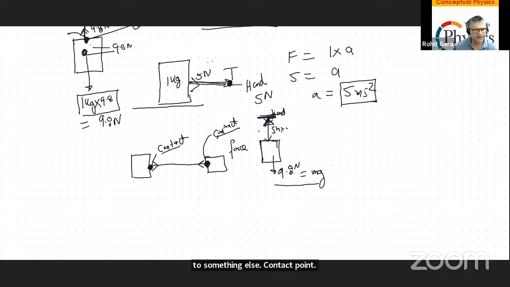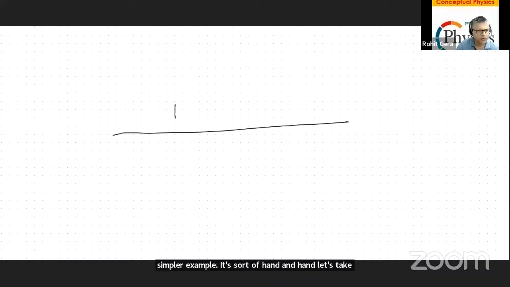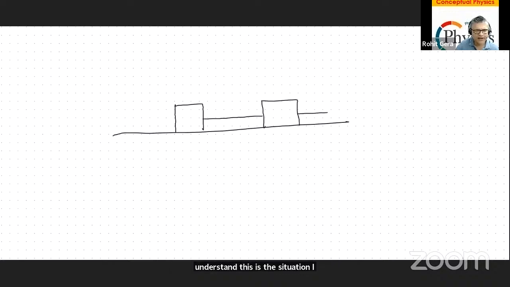Let's take a simpler example. Instead of hand and hand, let's take a horizontal block, which is more famous and easy to understand. This is the situation. I connect it through a string and I apply a 5 newton force here. This force will appear here and will be pulling this mass with 5 newtons.